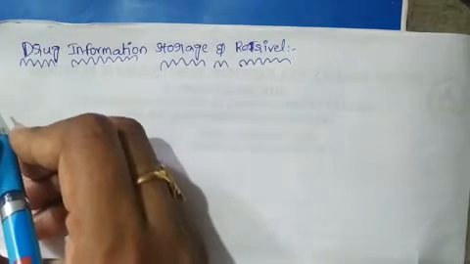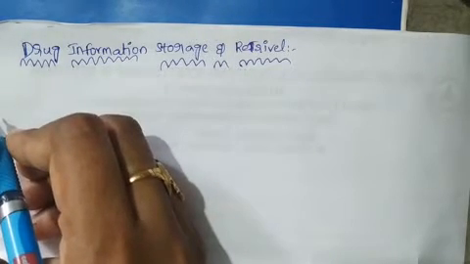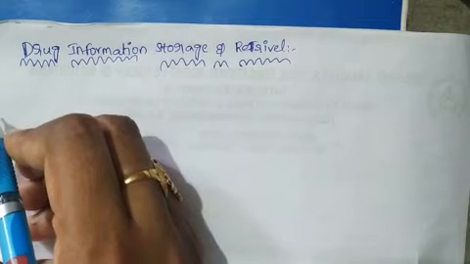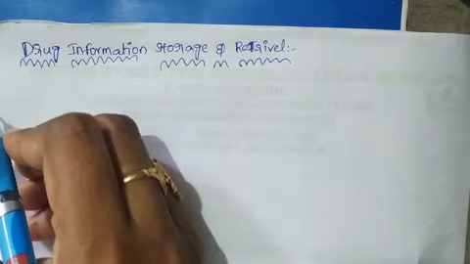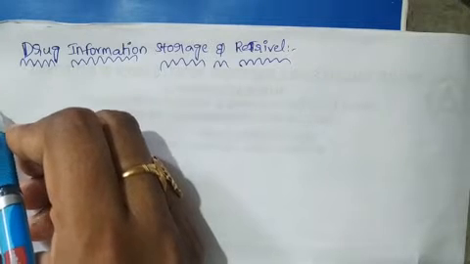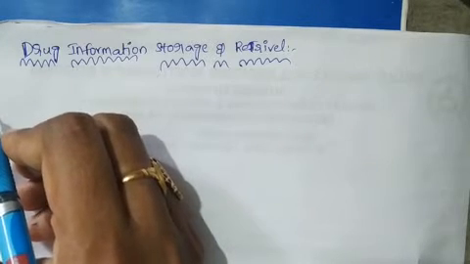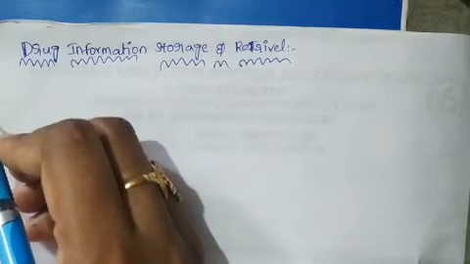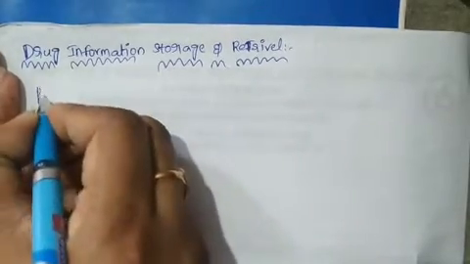Drug information storage and retrieval refers to the process of compiling data and available information on a particular drug that can be accessed as and when required.